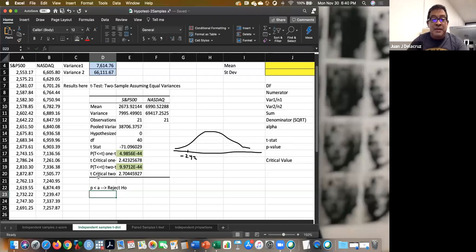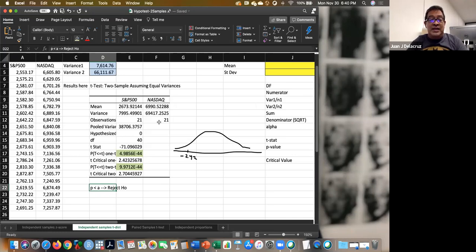In this case, my p-value is very, very low compared to the alpha of 1%. This p-value is 44 decimal places to the left. So I have all the reasons to reject H0. And if my claim was the H sub A, I would also be able to support the claim.